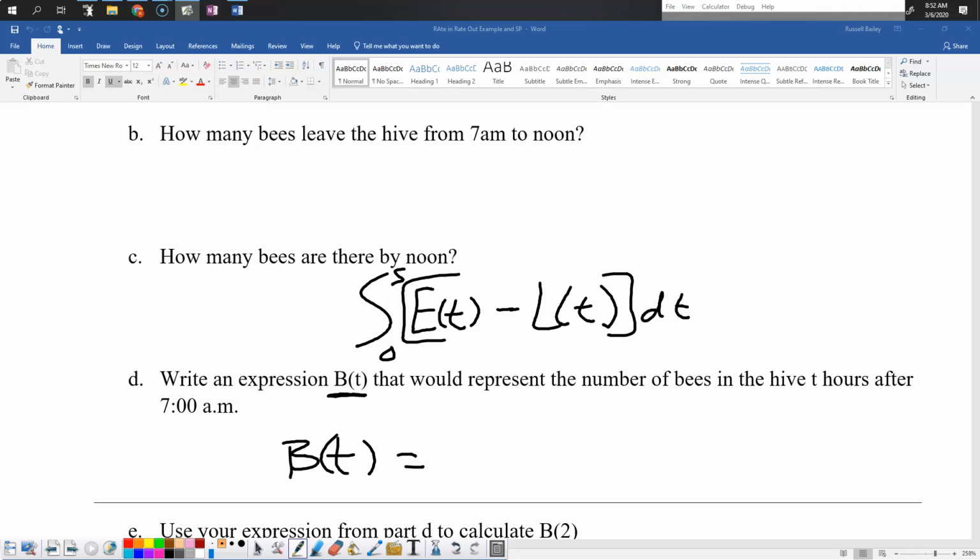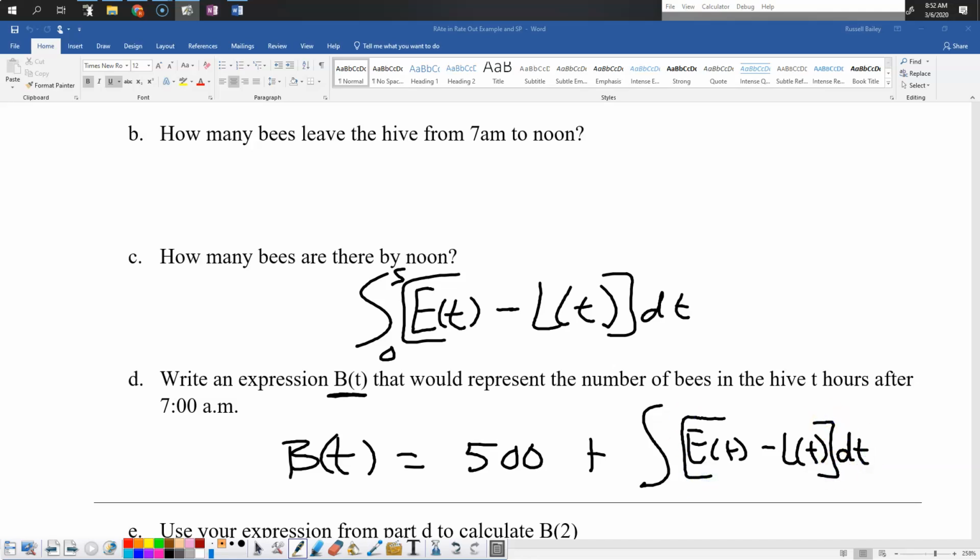Good, the starting amount, right? So the hive starts with 500 bees, right? Plus the total change that happened. And what's the total change? The integral of E of t minus L of t dt.